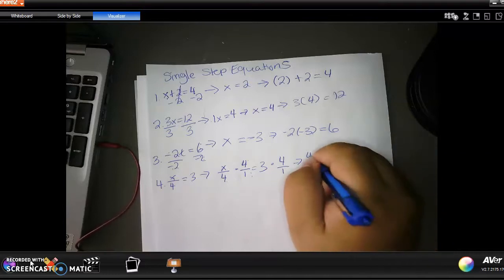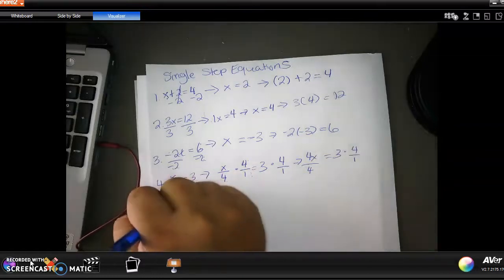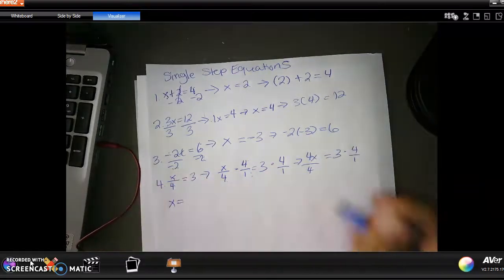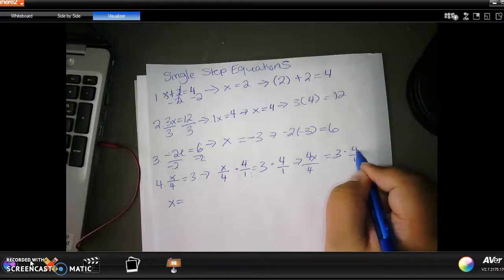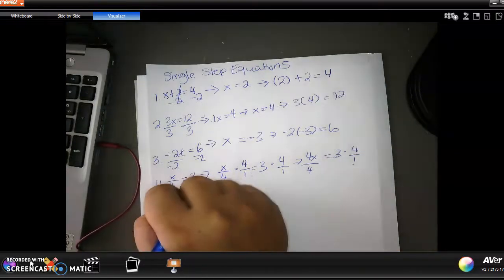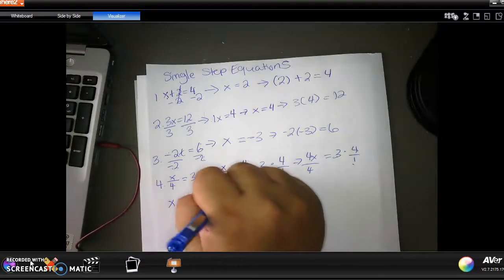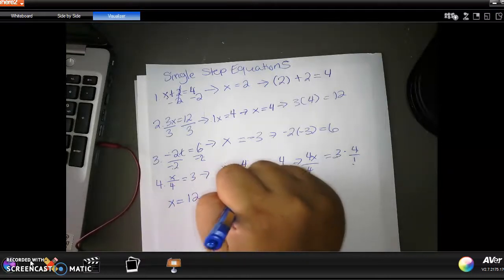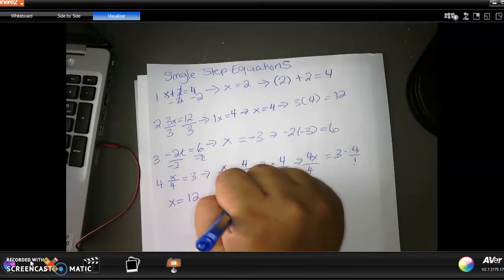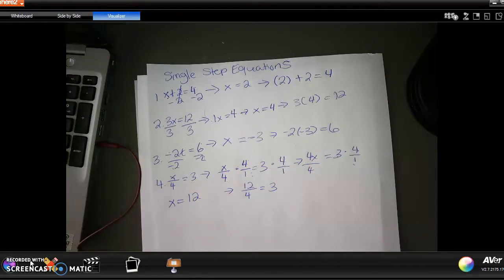Okay? So 4 divided by 4 is 1, and that leaves me with x. And I have 3 times 4 is 12, divided by 1 is 12. So I have x equals 12. And if I wanted to check this, I could do 12 divided by 4, and that does in fact give me 3.